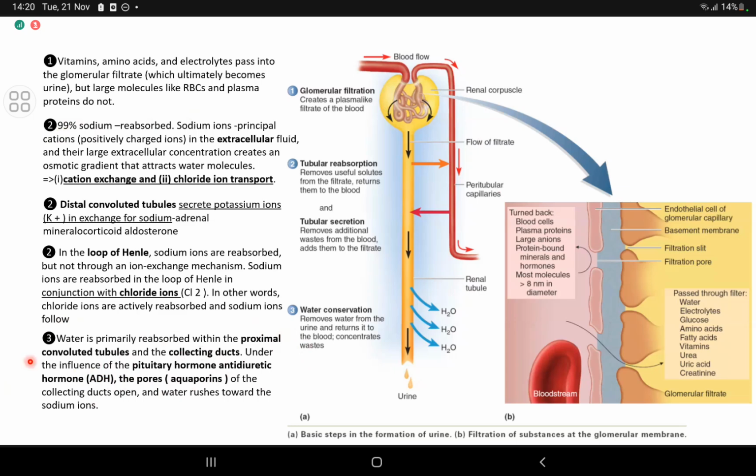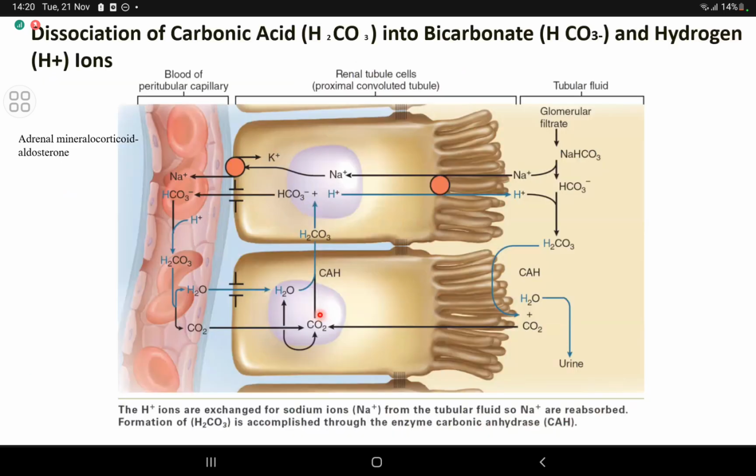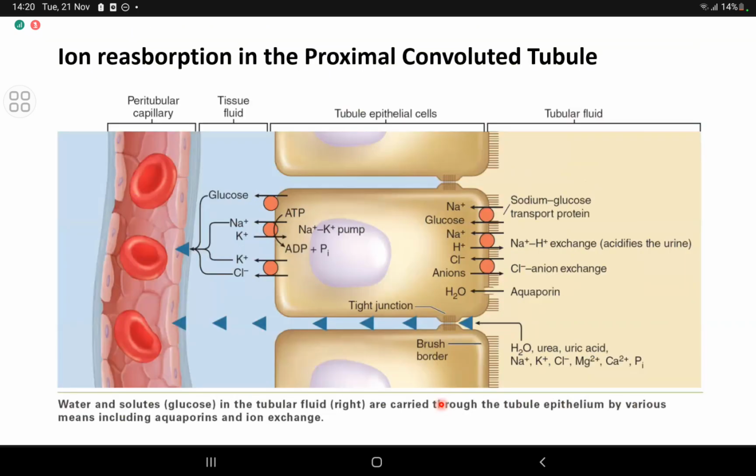When the drug affects chloride ion exchange, we focus on the loop of Henle. And when the drug affects cation exchange, it will definitely happen in your distal convoluted tubule. Clear, isn't it? That's why I put this slide here, to make you understand before we go into detail. So this example, you can go back and go through.